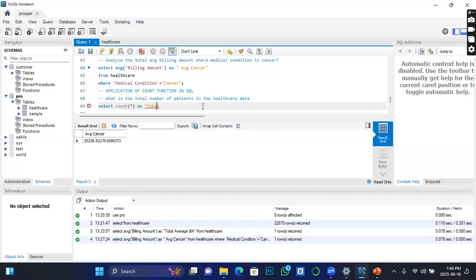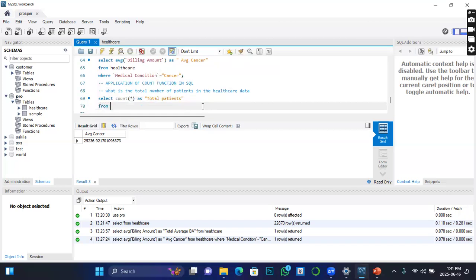As total entries, right? Let me just use that. Total entries. Good, I think this one is more descriptive. From the same healthcare data.